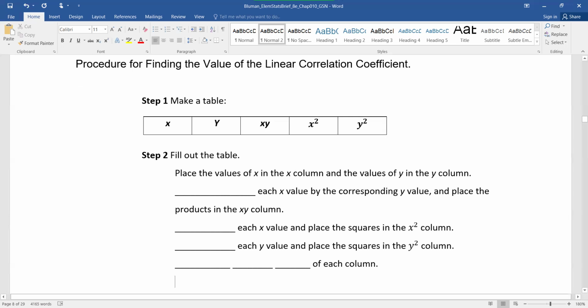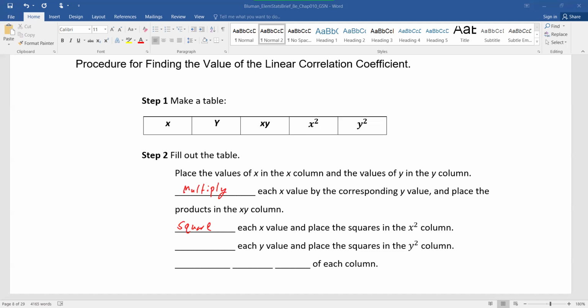So again, to put in words exactly what I just said: place the values of X in the X column and the values of Y in the Y column. Then multiply each X value by the corresponding Y value and place the products in the XY column. Then square each X value and place the squares in the X squared column.